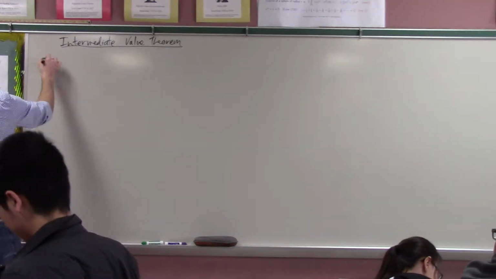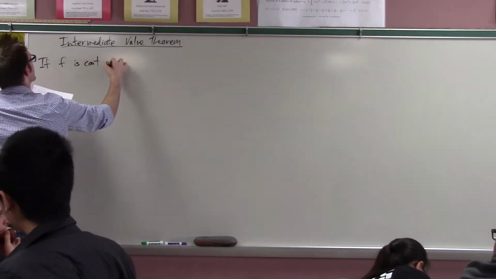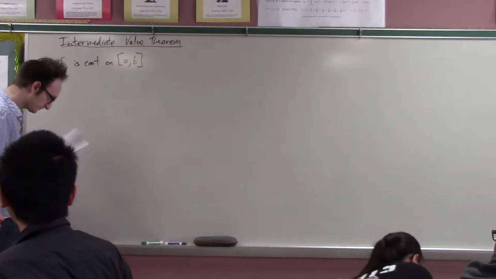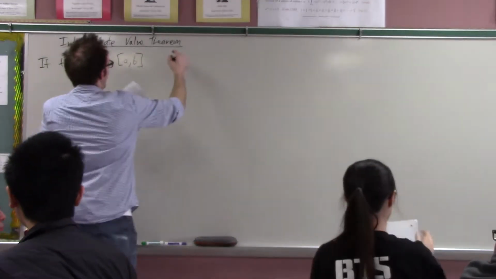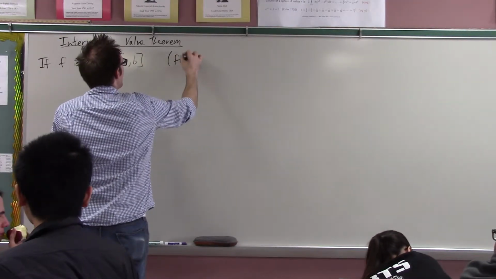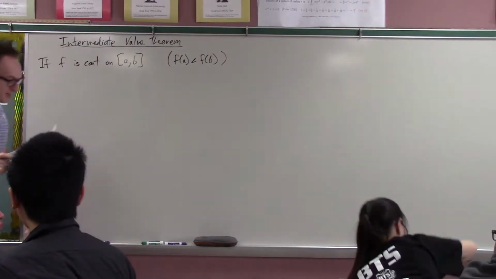It says that if f is continuous on the closed interval AB, and let's just let f of A be less than f of B, which is just whatever.